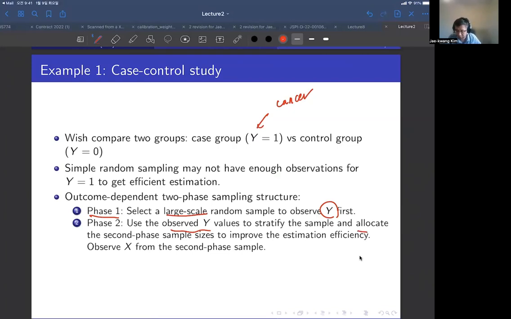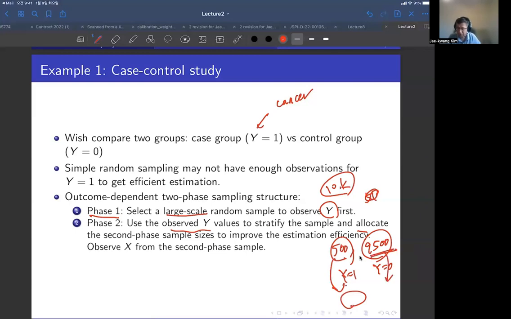So suppose we have 10K, and among the 10K only 5% are cases, so 500, and then 9,500 controls, y equal 1 and y equal 0. Then we select all 500 cases, and from the 9,500 we get another 500.